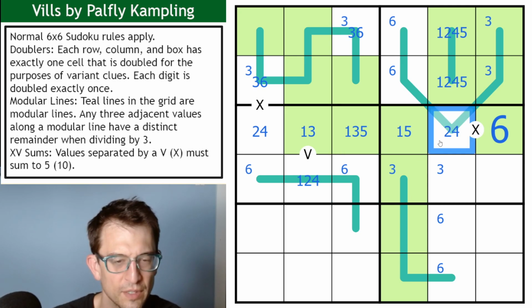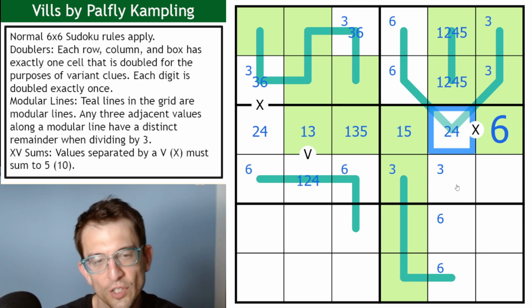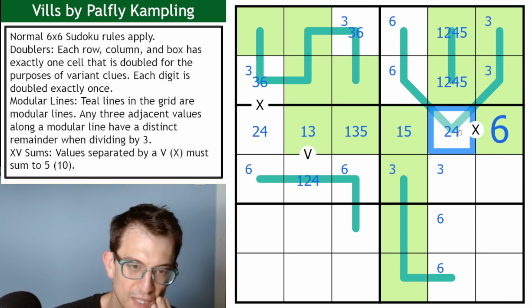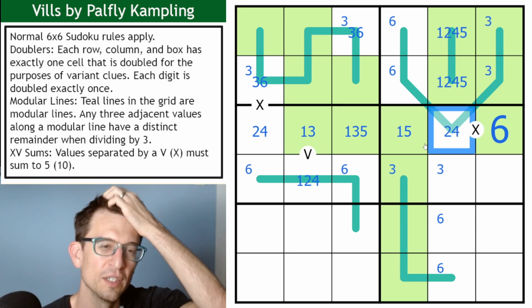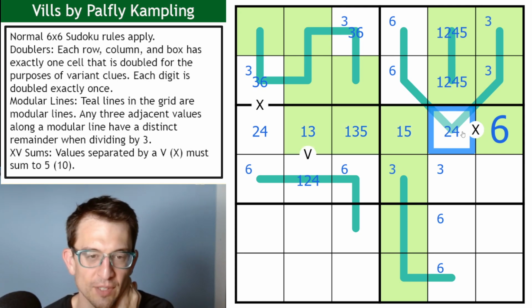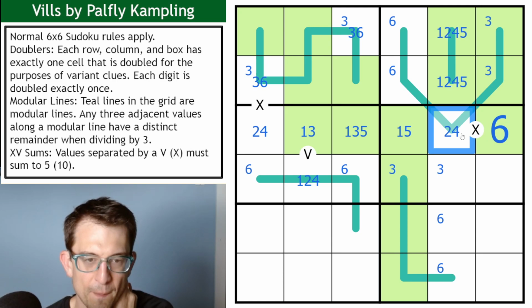Wait, hold on. No, because this could be doubled or not. Okay, all that's wrong, because this could be doubled or not. That's what I missed. Hold on.